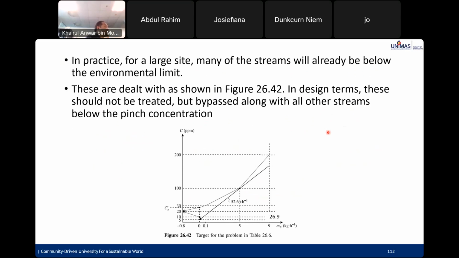In practice, for a large site, many of the streams will already be below the environmental limit. These are dealt with as shown in figure 26.42. They should not be treated by bypass along with all other streams below the pinch.